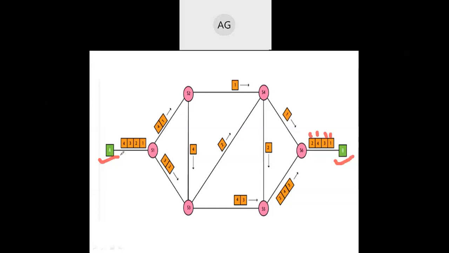At the sender side, it wants to send the packets. Packets 1 and 4 take the path from the S1 node to the S2 node, and packets 2 and 3 take the path from S1 to S3. As it goes to S2, packets 1 and 4 further take other paths. Packet 1 takes the path from S2 to S4, whereas packet 4 takes the path from S2 to S3.